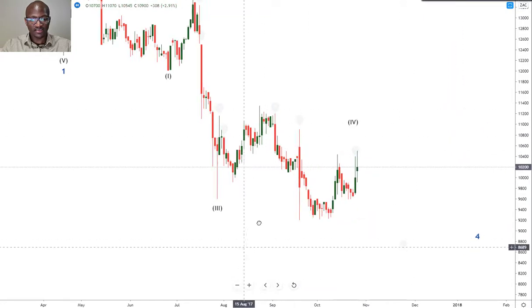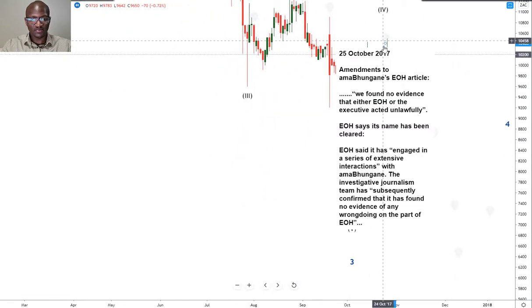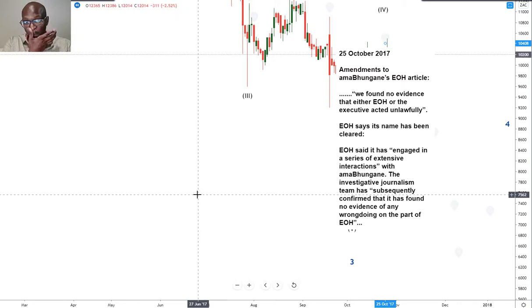On this day, there was another massive news headline on the 25th of October 2017, and it had to do with amendments to amaBhungane's EOH article. This is now amaBhungane. I'm quoting amaBhungane now. They say in their report, "We found no evidence that either EOH or the executive acted unlawfully."